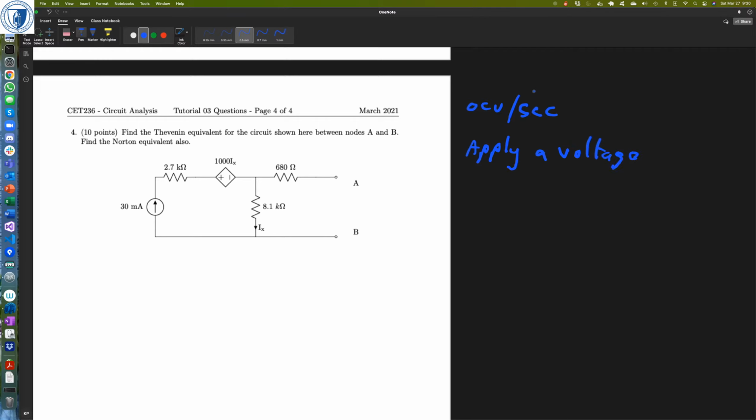The only restriction on the open circuit voltage, short circuit current technique is that you need to have at least one independent source, and we have one independent source.